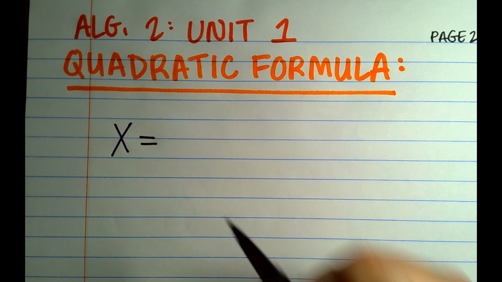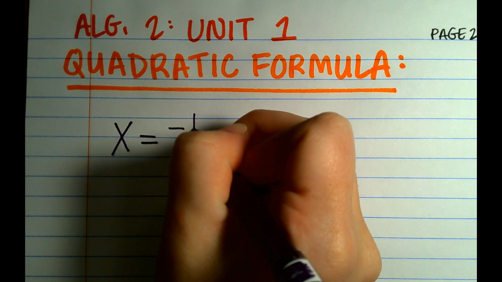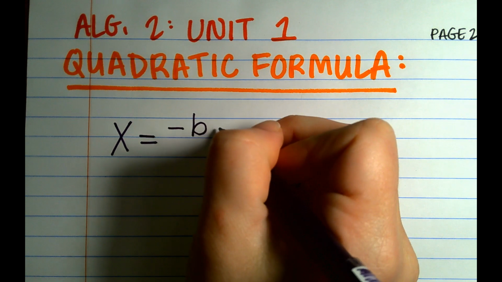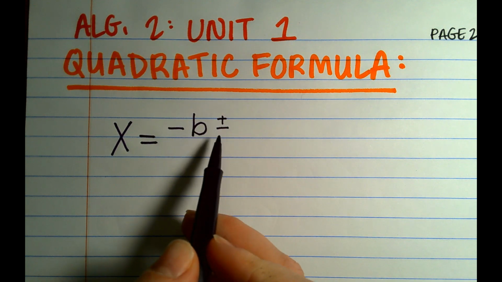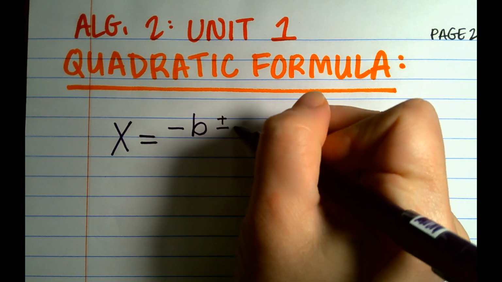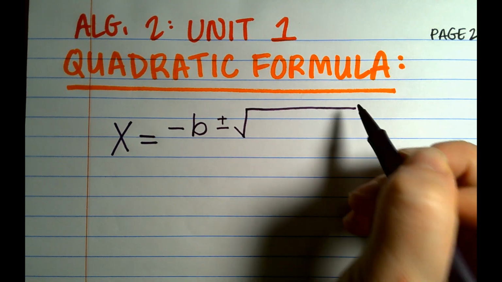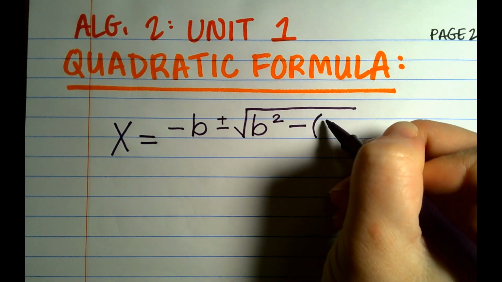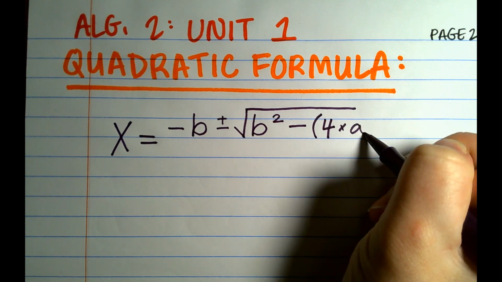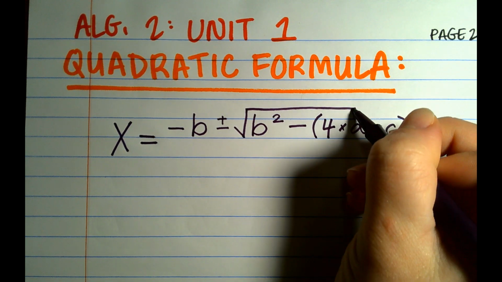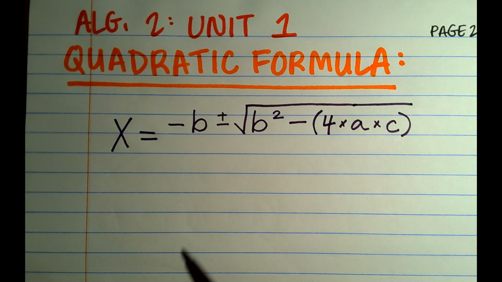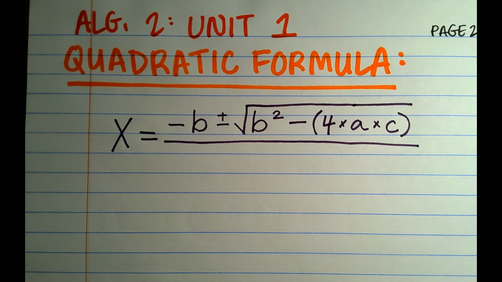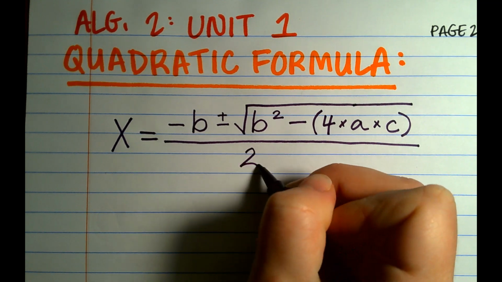X equals negative b plus or minus, this is a new symbol, plus or minus the square root of b squared minus, and then in parentheses, 4 times a times c, and all of that is divided by 2 times a.